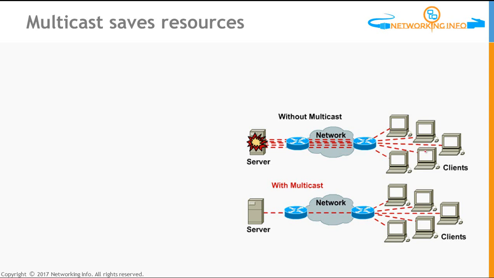So number of users, number of streams. Streams mean the traffic flow. The number of flows can put a burden on the server and on the network bandwidth. That's the disadvantage of using unicast in a video environment and a gaming server environment.